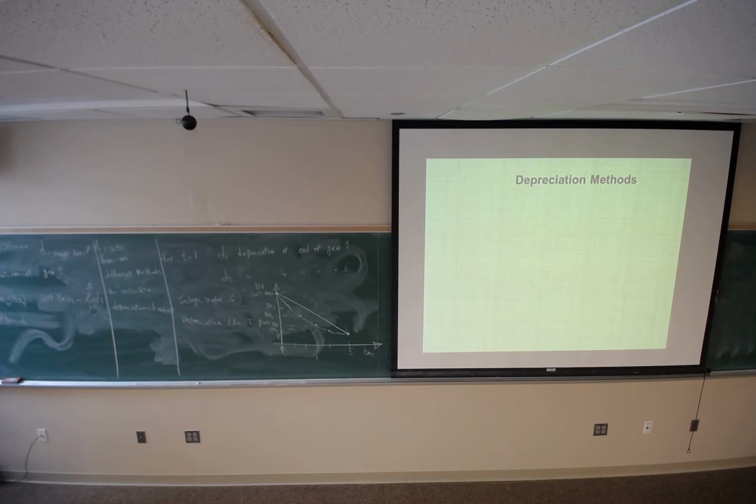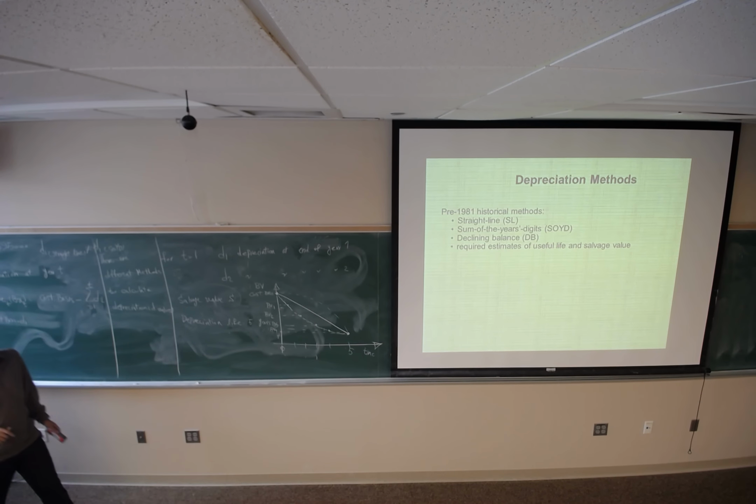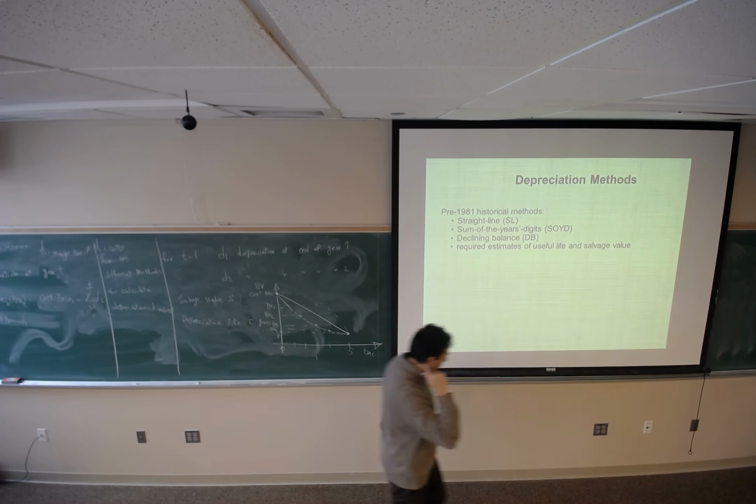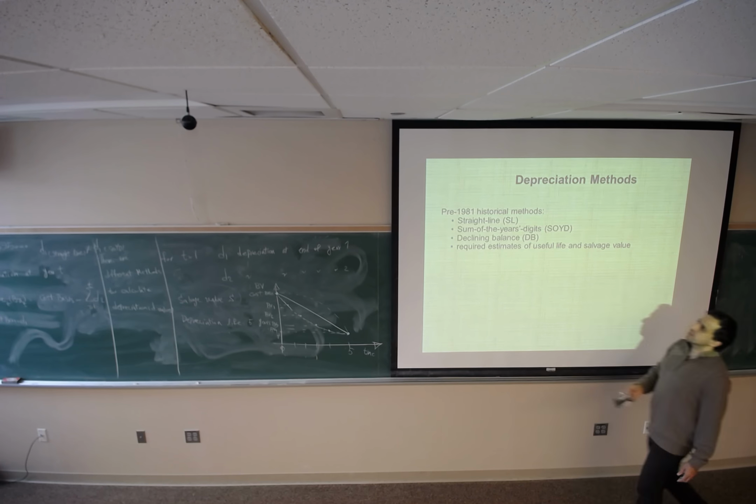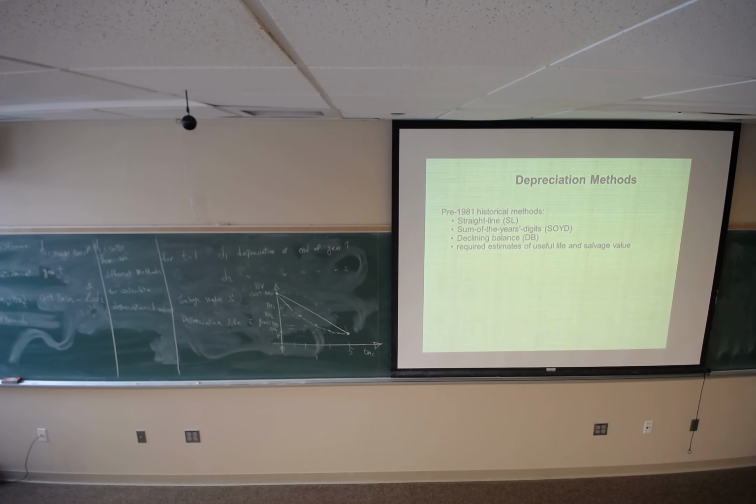Before 1981, there were 3 methods introduced by the IRS, and businesses could use these 3 methods: straight line, sum of the year's digits, and declining balance.